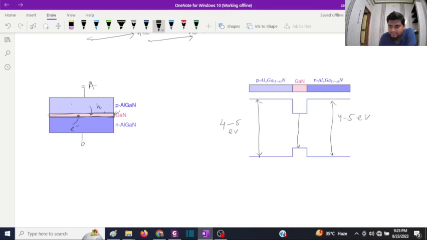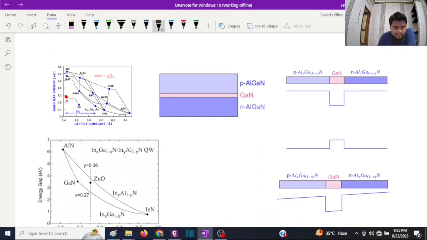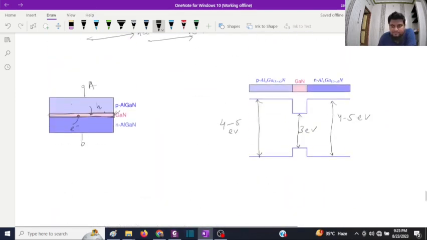Gallium nitride has approximately 3 or 3.5 electron volts. Let me see what exactly it is. It is around 3.5 electron volts.